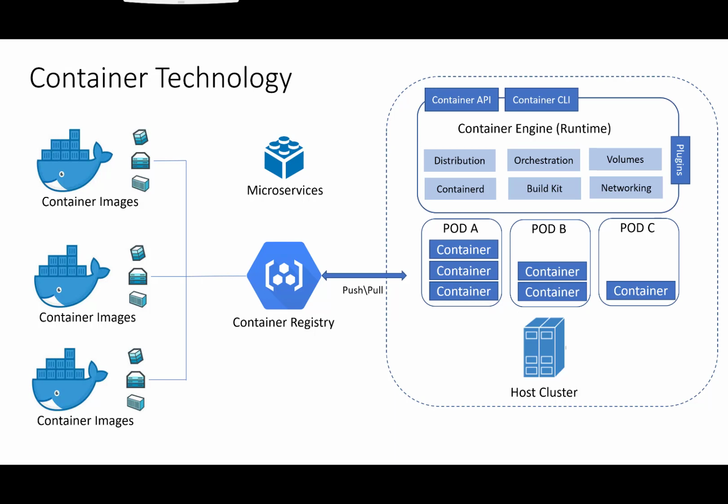Now, if you really want to put an analogy here, I would say consider container images as a VMDK or VHD file, which you use to deploy a virtual machine. Obviously, it doesn't have the OS kernel part of it, right?